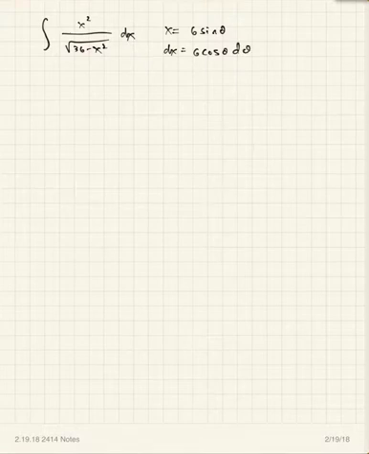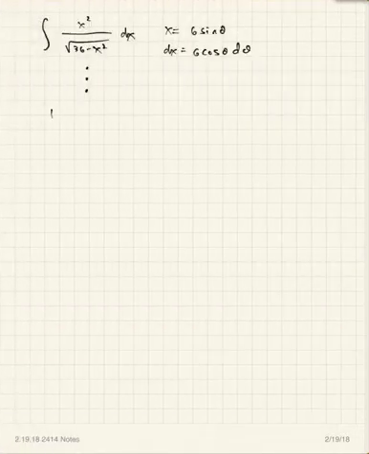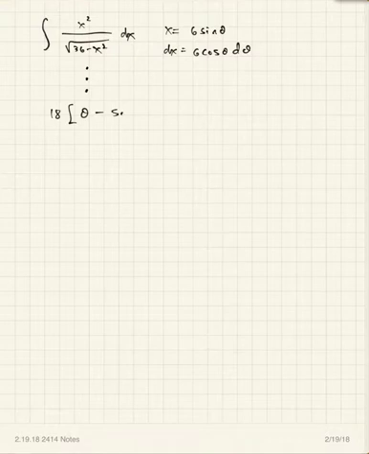And going back, we've got that this is 18 times theta minus sine theta cosine theta plus c. That was our antiderivative.